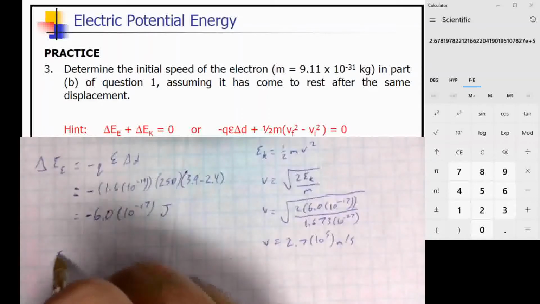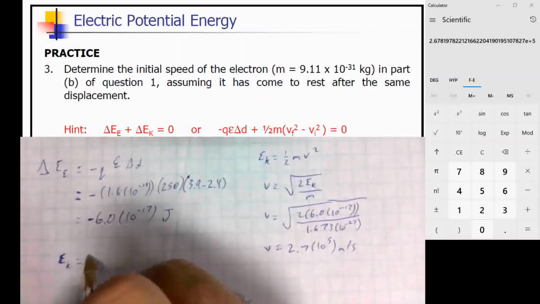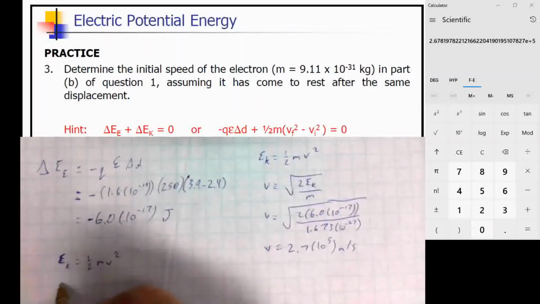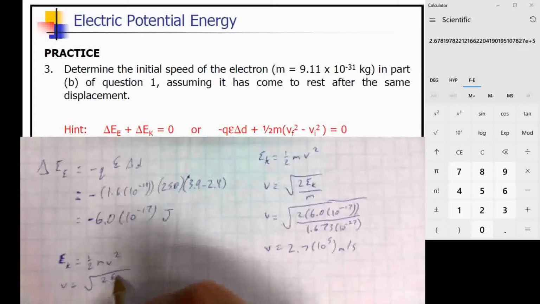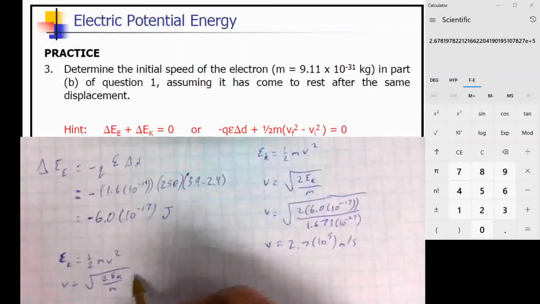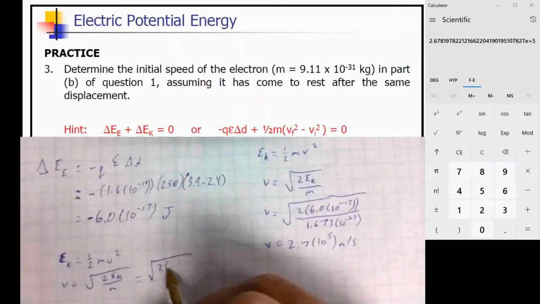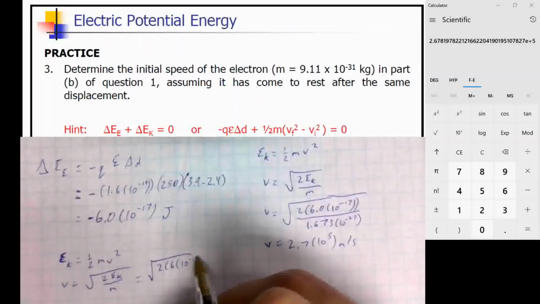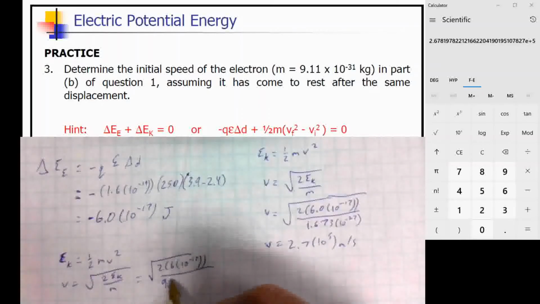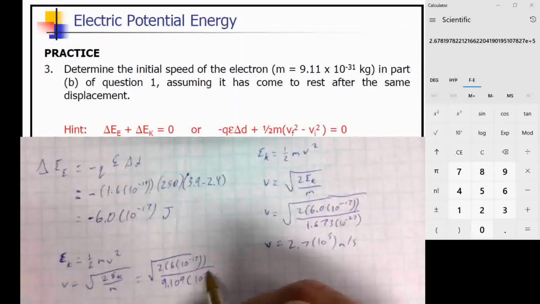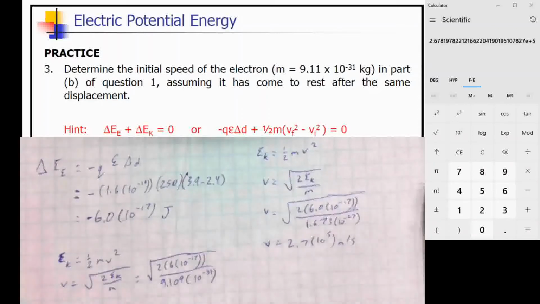So here, the electron comes to rest, so its EK has to be totally lost, which is 1/2 mv squared, which is V equals the square root of 2 EK over M. The mass of the electron is, on our formula sheet, 9.109 times 10 to the negative 31. Sorry, I think I said 32.